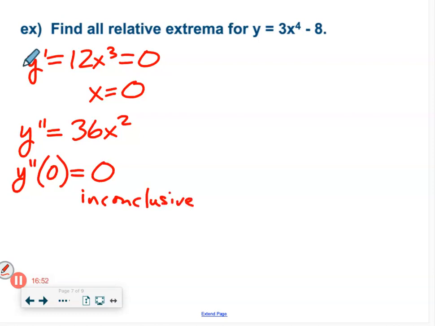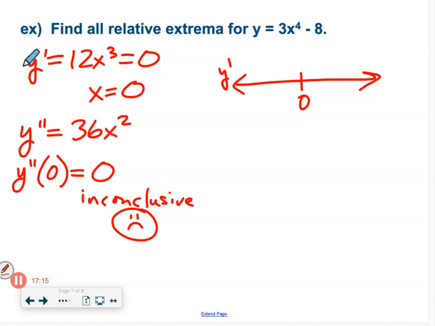So does that mean we just stop? No. When the second derivative test fails, you have to go back and do the first derivative test, which is why I always do the first derivative test first anyway. So the first derivative test says we make a sign line for y prime. If I pick a negative number and plug it into y prime, do I get a positive or a negative?